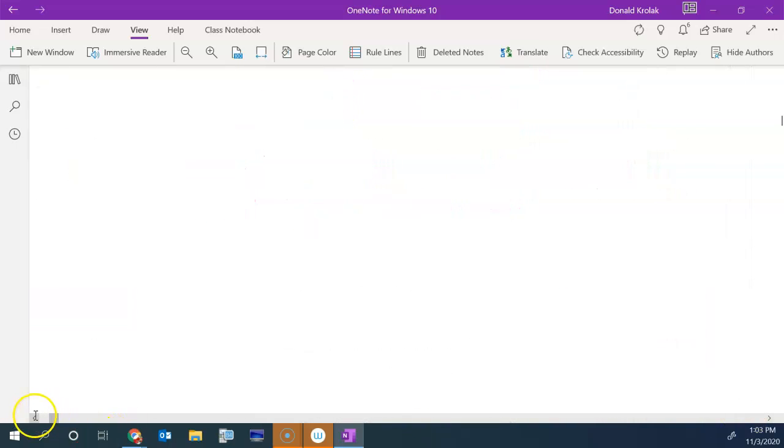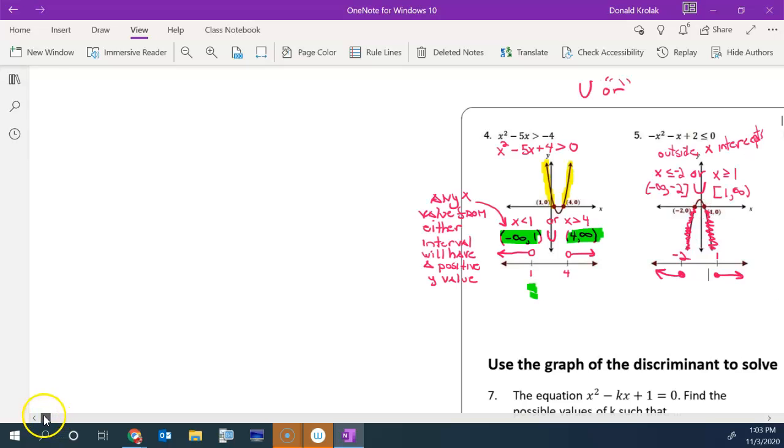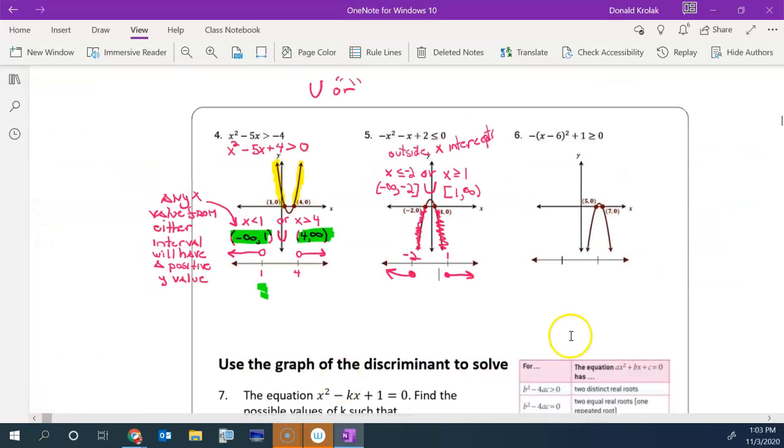Okay, Dylan, last one. Where are we going to find on number 6? Graph opens down and we're looking for greater than. Correct.